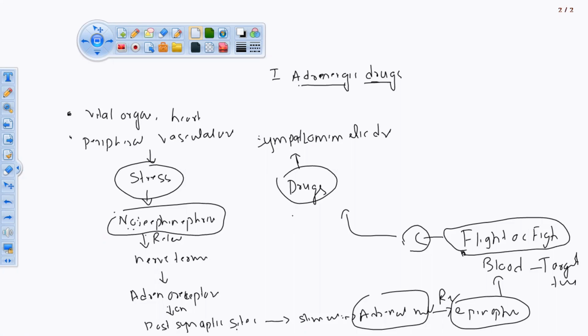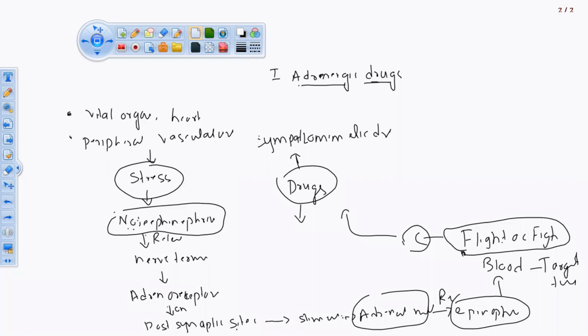Like cholinergic drugs, sympathetic drugs can be grouped by their mode of action or spectrum of receptor, how they are working. That we will see. They can work by 5 kinds of mechanism. Now you know what the adrenergic system is. The adrenergic system controls all these parameters, up to fight and flight.